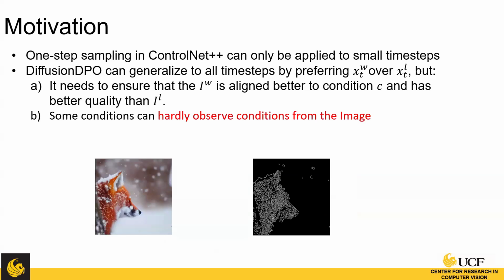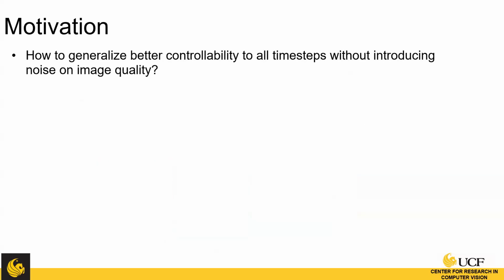Another issue with diffusion DPO is that some conditions are hardly observable in the raw image. For example, the canny edges, we can hardly observe from the raw images.